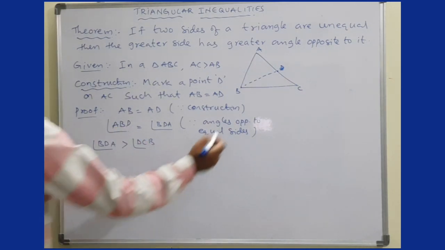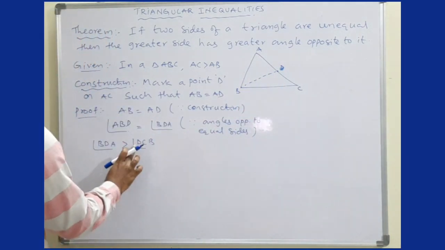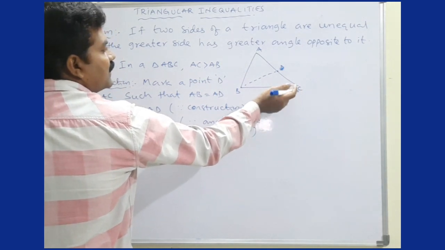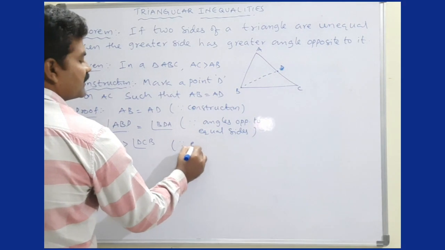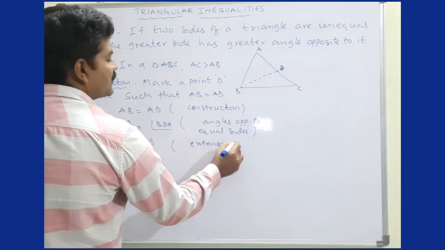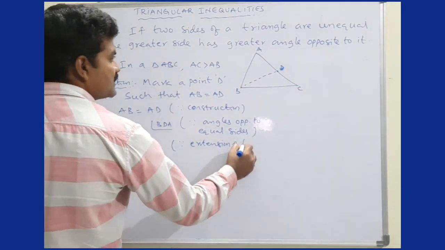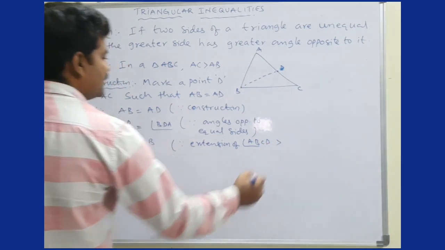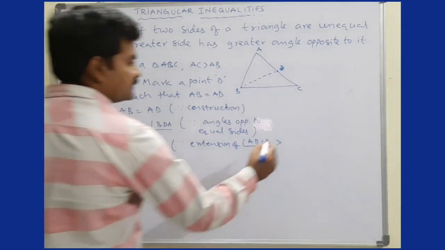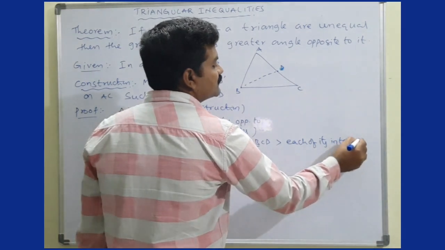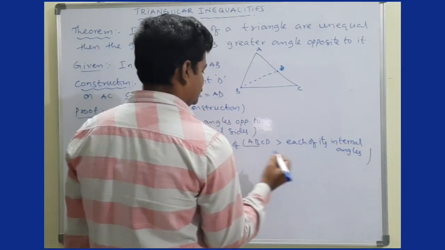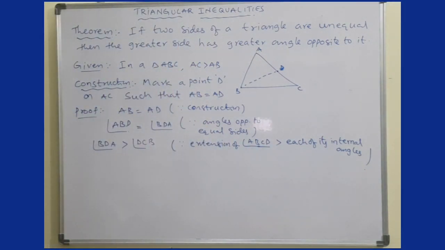Angle BDA, this angle, will be greater than DCB, this angle, since I can mention that the exterior angle of triangle BCD will be greater than each of its interior opposite angles.